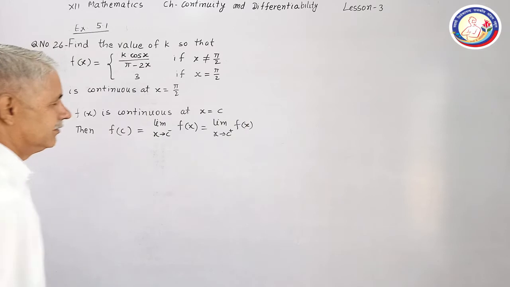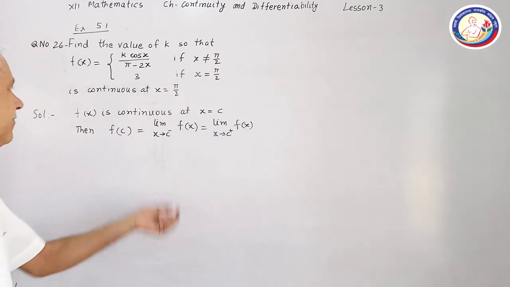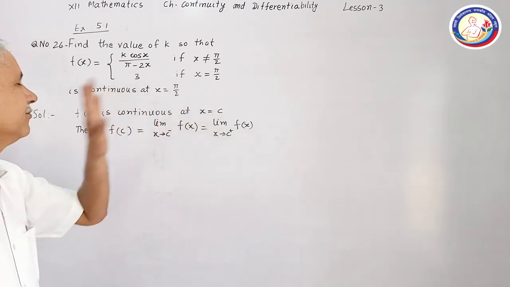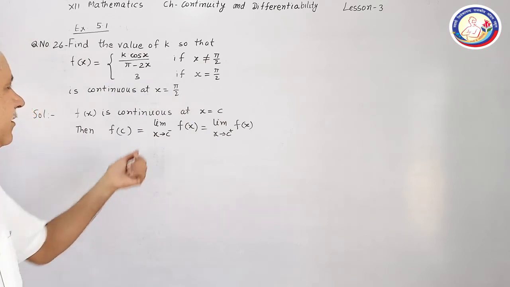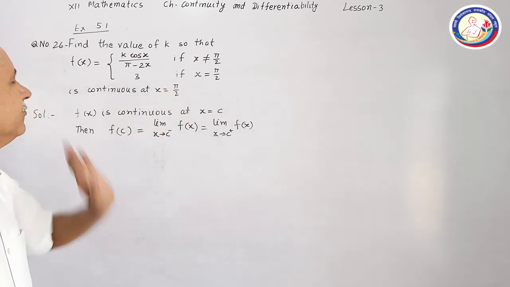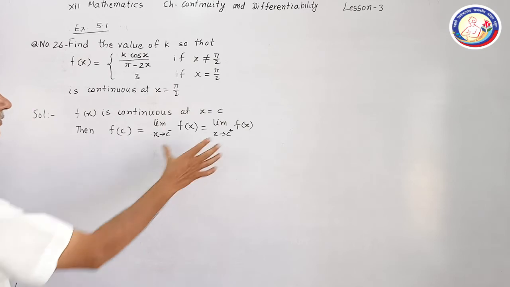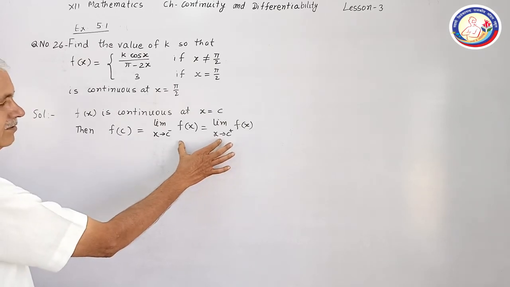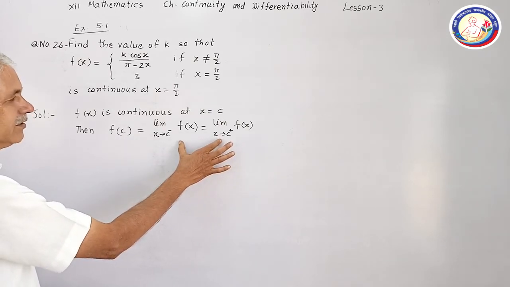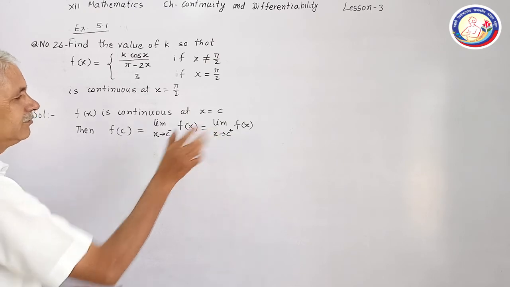This is the outcome of a function being continuous at x equal to c. Here the point of continuity is pi by 2, and this relation shows that the function is continuous at x equal to c.